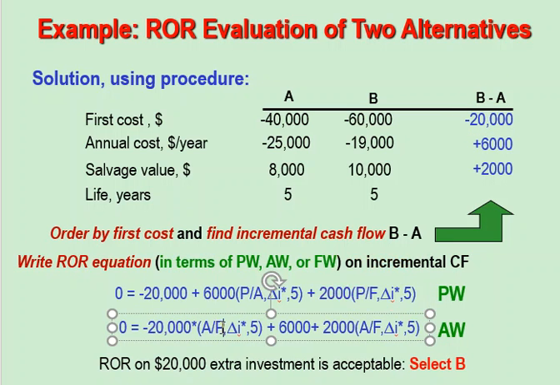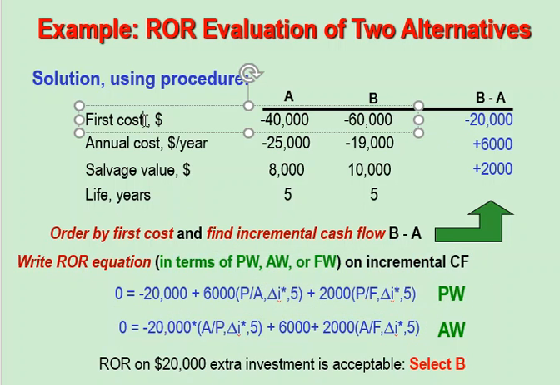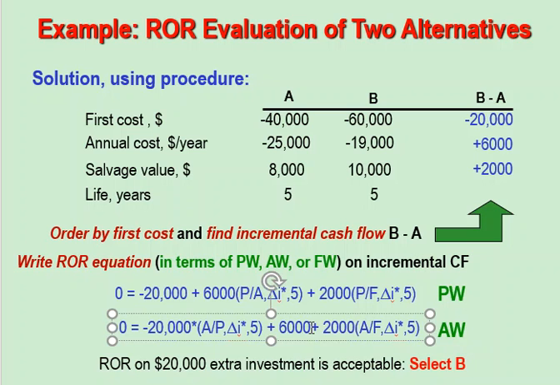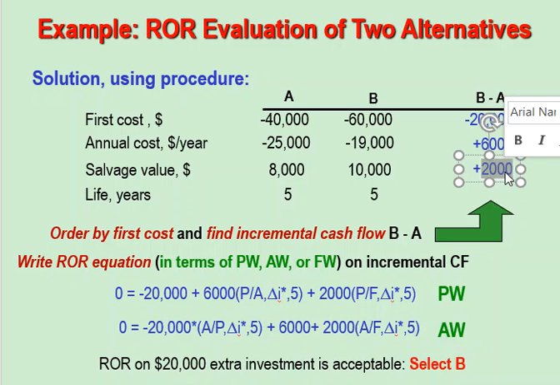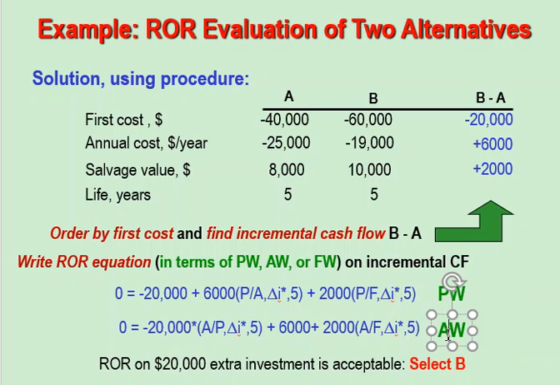To A. So I have to convert it from P to A, because first cost is what? It is the present cost, the money I'm paying now. And the $6,000 is annual, so no need for factor notation here. The $2,000 you convert from F to A.